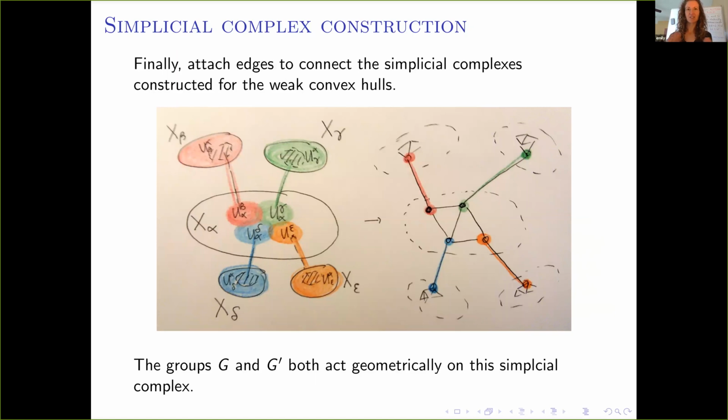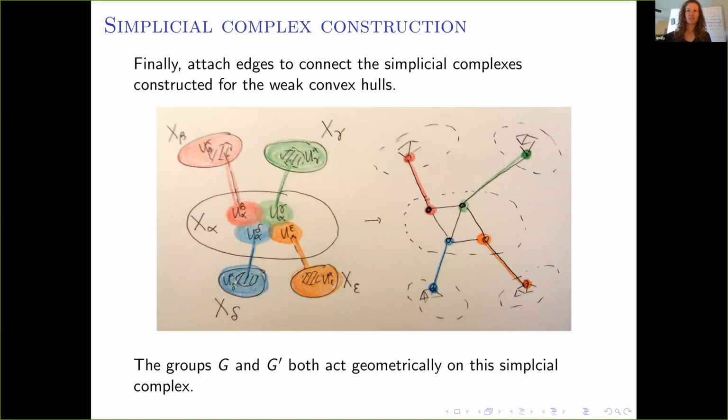And since it's constructed within the space X and using the boundary, which both G and G prime act on, the groups G and G prime act on this simplicial complex, and you can show they both act geometrically on this simplicial complex. And you can see from this construction how important it was to have a free product. It's really using the free product structure, or an infinite-ended structure.